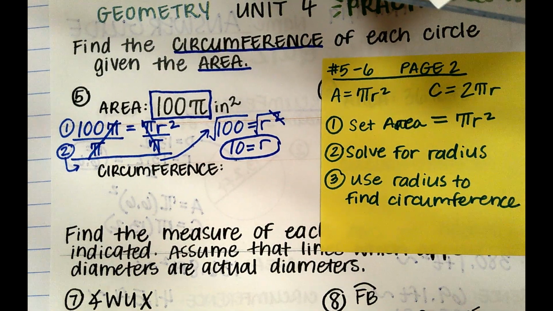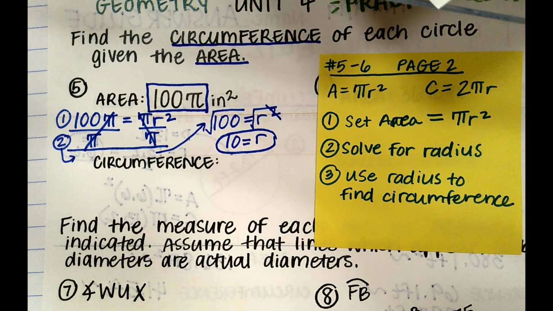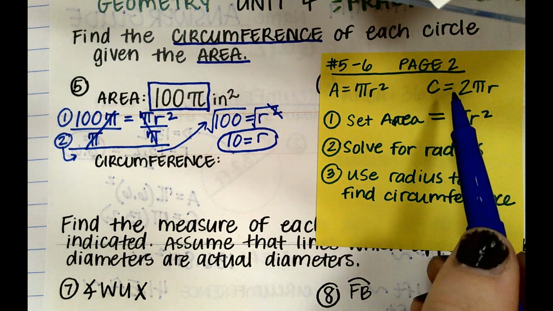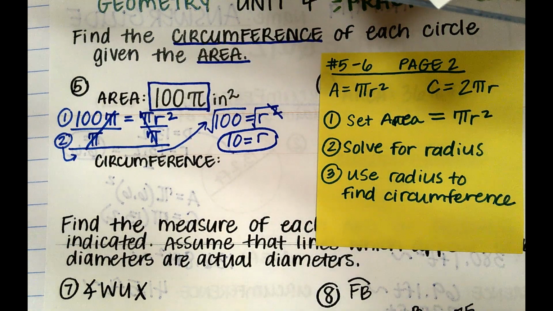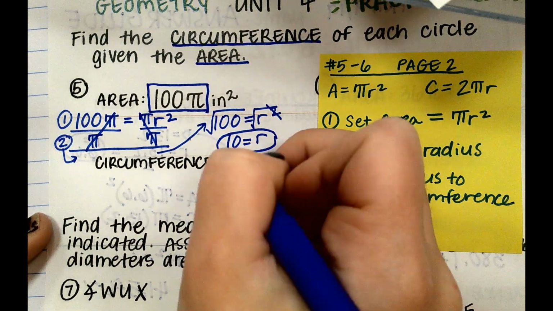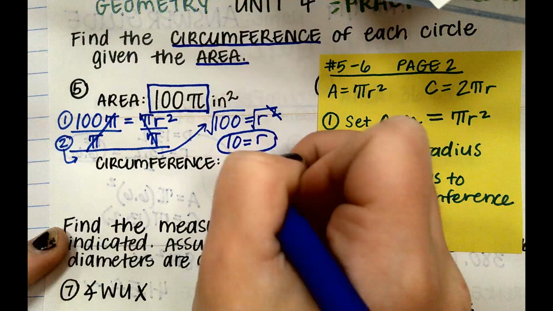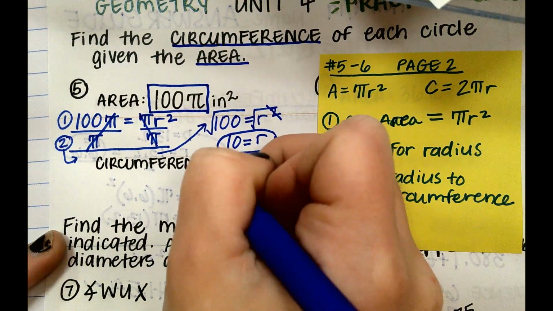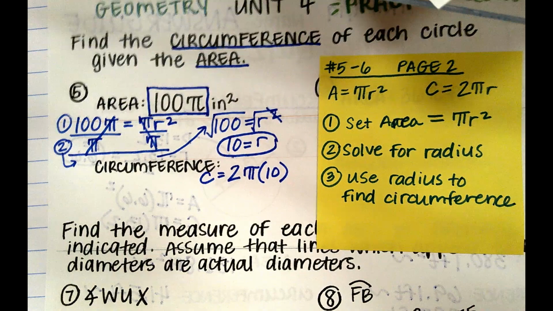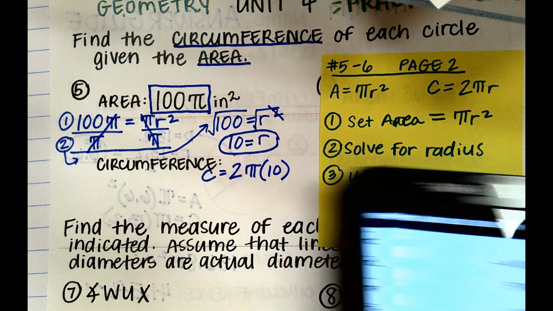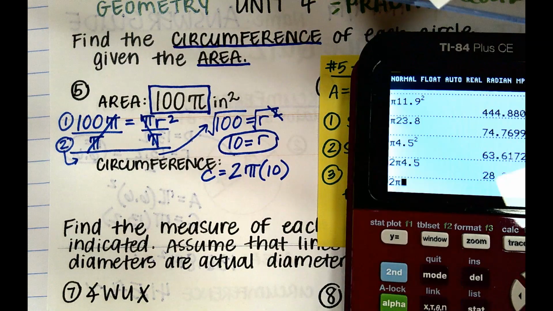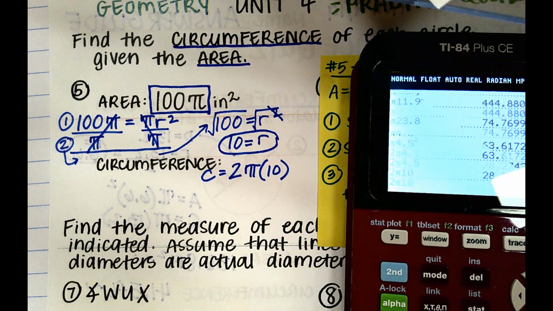Now step 3, use radius to find circumference. And I wrote that circumference formula. We need 2 pi r. So let's do that. 2 pi r is 2 pi 10.